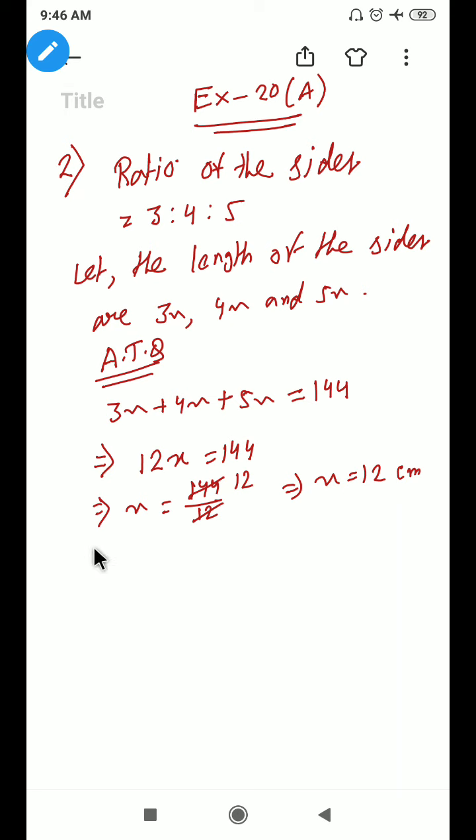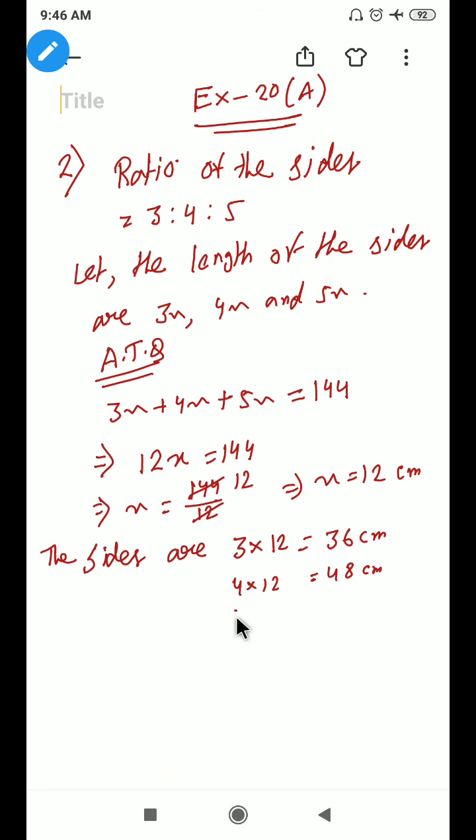So the sides are 3 into 12, which is 36, and 4 into 12, that is 48 cm, and 5 into 12, that is 60 cm.